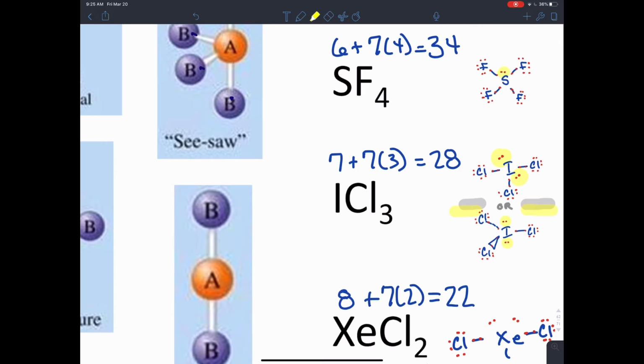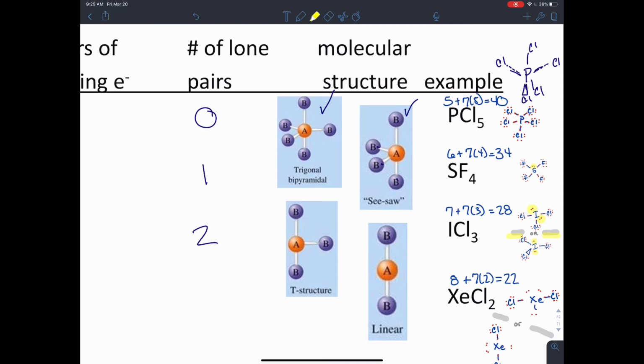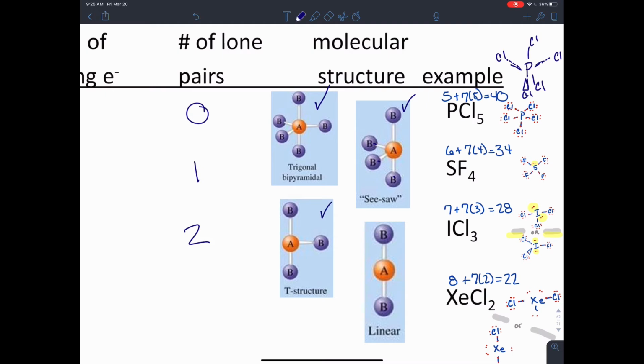Looks like a bipyramidal, like a pyramid on top and a pyramid on bottom. So it was trigonal bipyramidal before, with just the electrons being considered. But once we take them away, it's actually going to be a T structure. And again, I looked that up in the table.